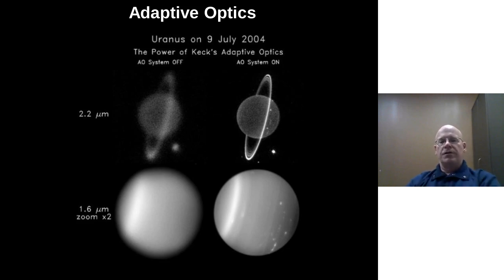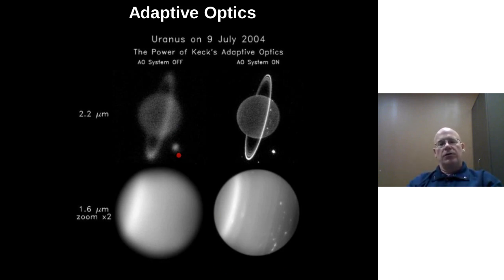So here's an example of how adaptive optics works. This is a picture of Uranus from one of our best Keck telescopes in Hawaii. And it's pretty spectacular. You can see the rings. We'll learn that not just Saturn has rings. All of the outer planets have rings. We can see Uranus.